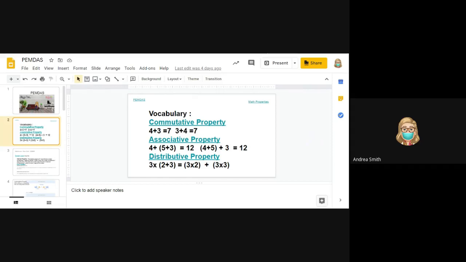We do need to follow certain rules in math sometimes because if we didn't, everybody would be doing all kinds of different things and they would be getting different answers.